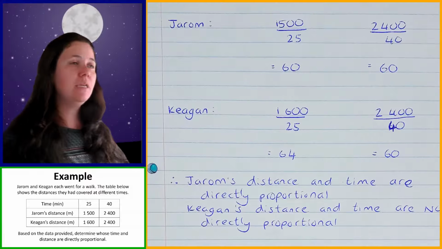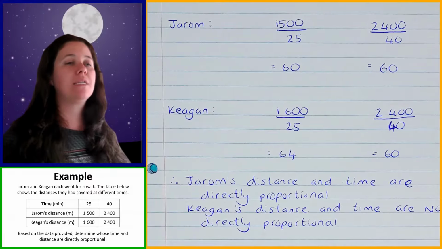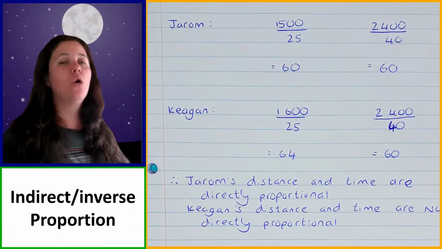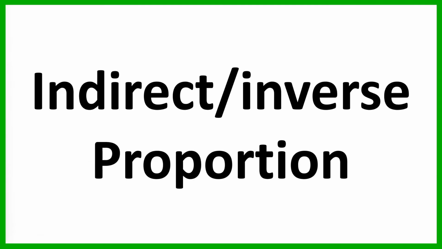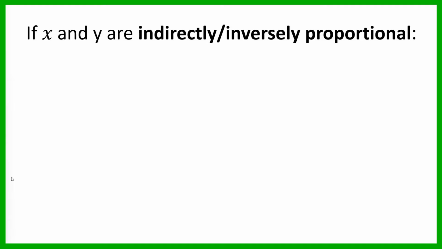Okay, now let's go and have a look at what indirect or inverse proportion is. Okay, so if x and y are indirectly or inversely proportional to each other, then what that means is that if you multiply them together, so x and y are our two variables, you will get a constant value, the same constant value every time.